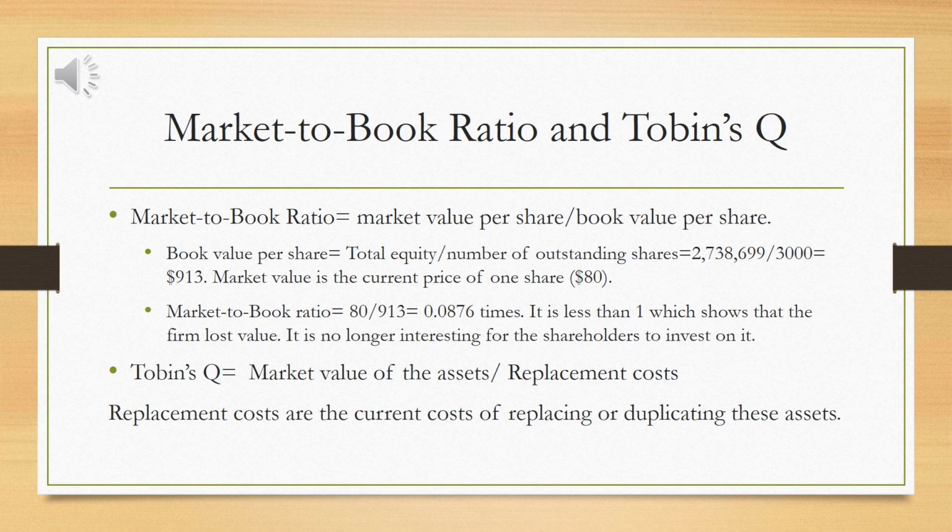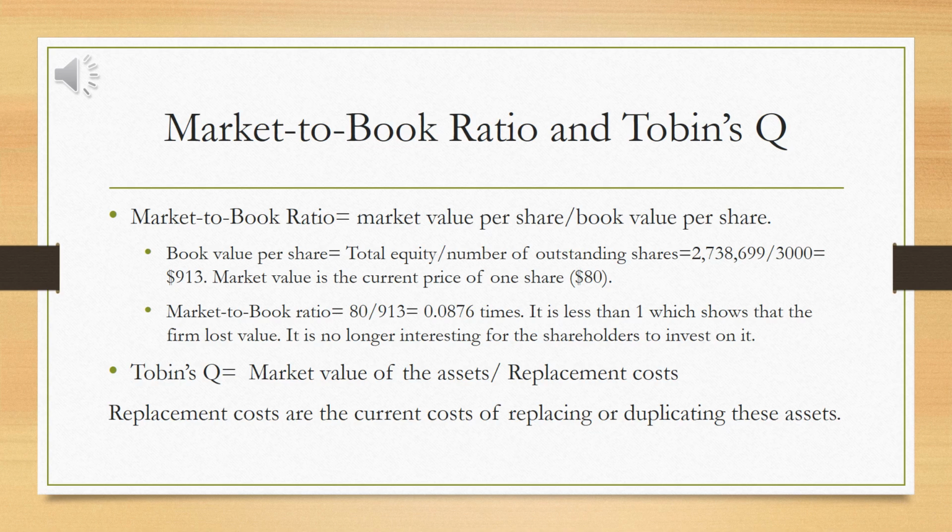Market to book ratio equals market value per share over book value per share. The book value per share equals total equity over number of outstanding shares, which is 2,738,699 over 3,000. Thus, book value per share equals $913.